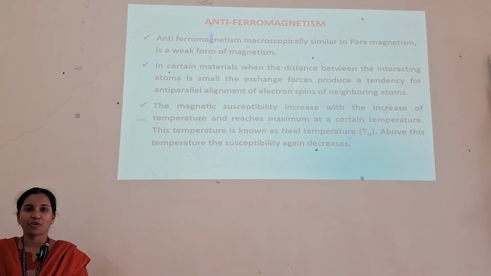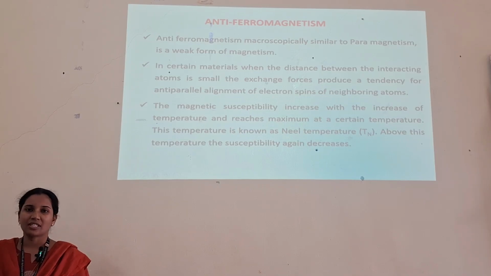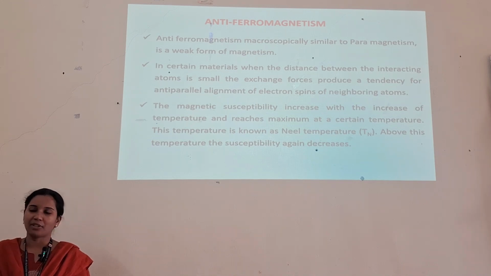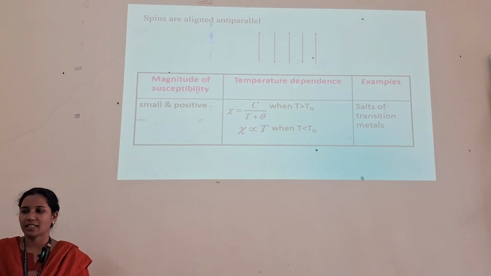Antiferromagnetism, macroscopically similar to paramagnetism, is a weak form of magnetism. In certain materials, when the distance between the interacting atoms is small, the exchange forces produce a tendency of antiparallel alignment of electron spins of neighboring atoms. These are the characteristics.